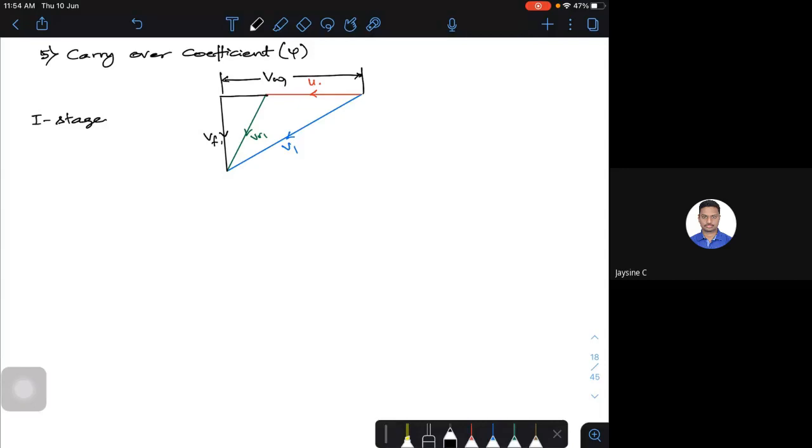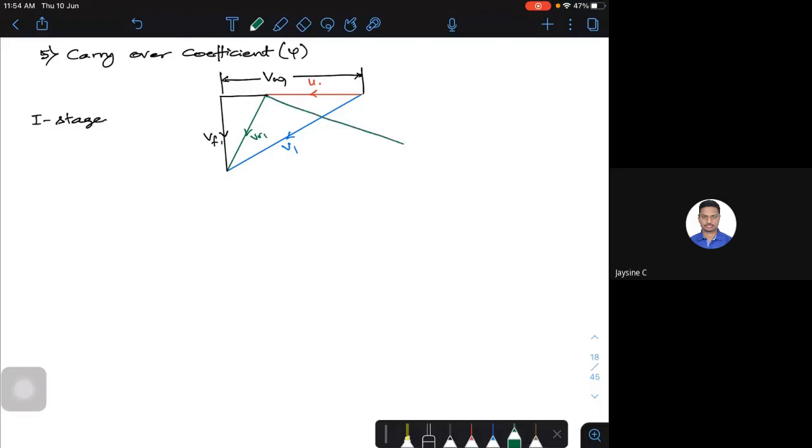Now let's draw the exit relative velocity, that is vr2. This is my vr2, and this is my v2. Let me complete the triangle by drawing the vf2, and this is my vw2.